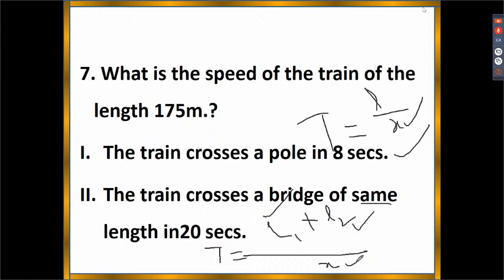By using that also, X value is possible to find. X is the speed of the train. Statement 1 alone is sufficient. Statement 2 alone is sufficient to answer the given question. Means either statement 1 or statement 2 alone is sufficient to answer the given question.